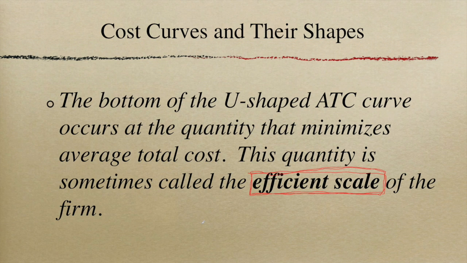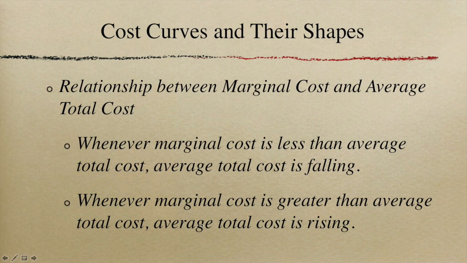So when the marginal cost, the cost of the next unit, is higher than the average cost, the typical unit, the average cost is going to be rising. When the marginal cost is lower than the typical unit, the average total cost has to be falling. So whenever the marginal cost is less than average total cost, average total cost is falling.